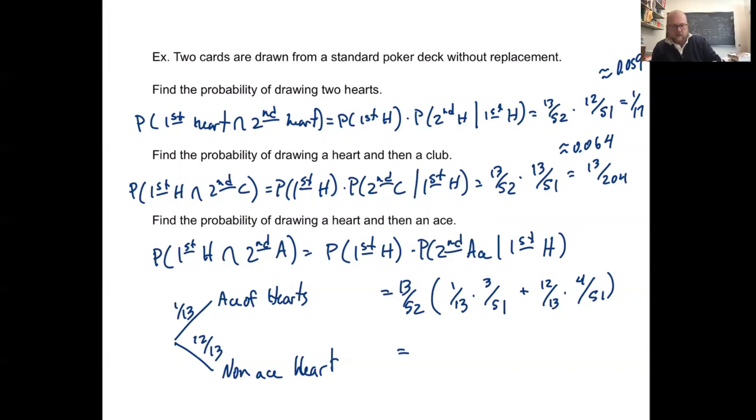I think I got that right. And so fraction-wise, after simplification, that turns out to be 1/52, which is about 0.019. Okay.